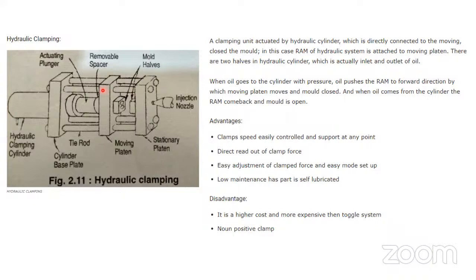Therefore, while closing the mold: slow, fast, slow. This type of action will be there. When opening the mold: slow, fast, slow, like that. This is the movement of the movable platen.